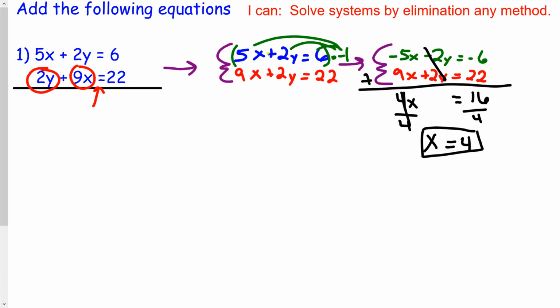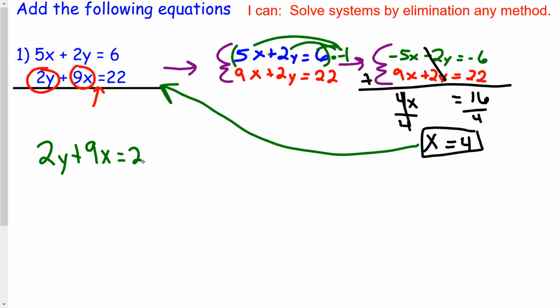Now we're going to take that and substitute into an original equation. I'm going to go with the second equation here. 2y plus 9x equals 22, but I know what x is. x is equal to 4. So 2y plus 9 times 4 equals 22. 9 times 4 is 36.